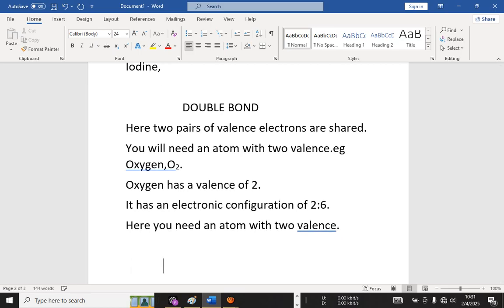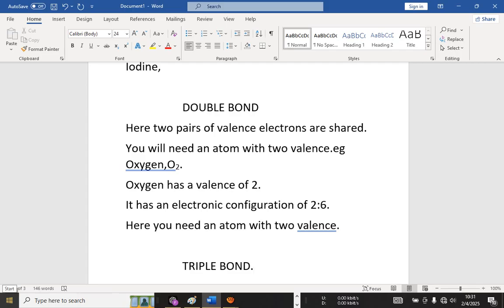Now with that done, let us head to the triple bond. We have looked at the single, the double, and finally we are looking at the triple bond.